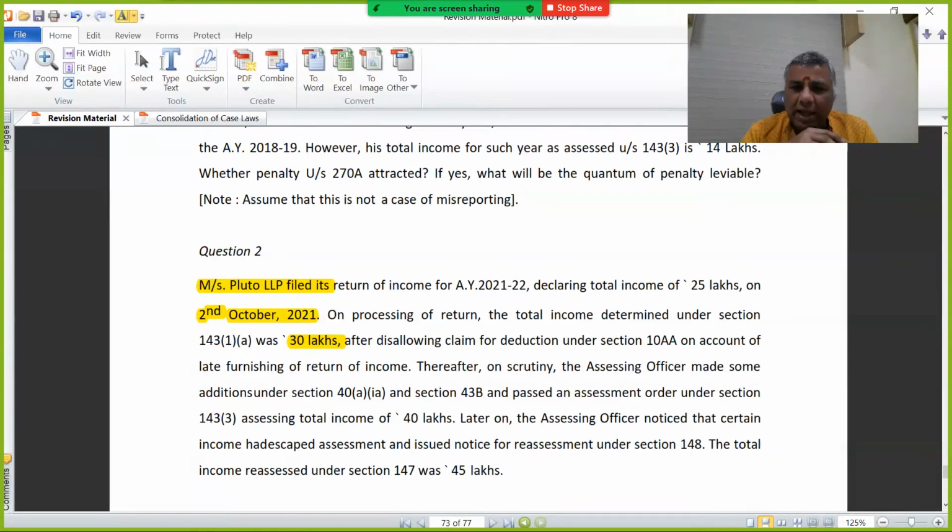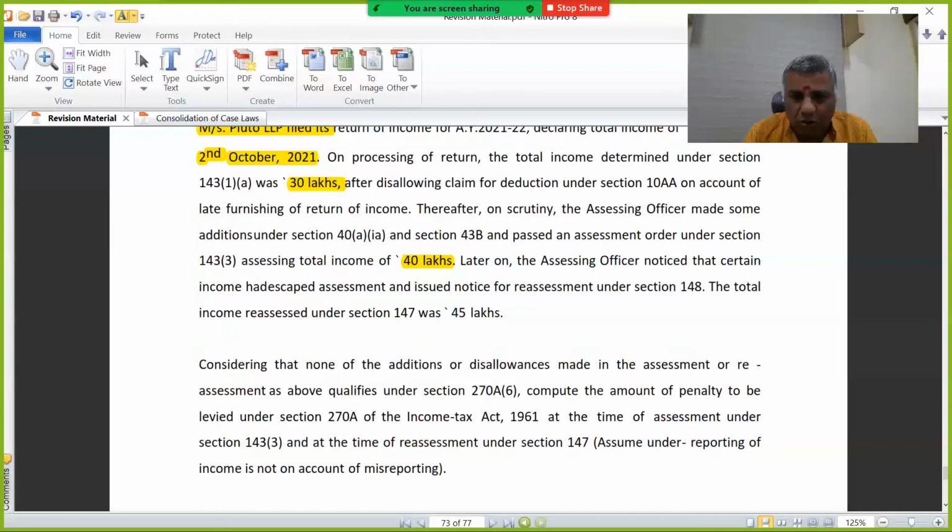Thereafter, on scrutiny, the assessing officer made an addition under 40A and TDS and statutory dues and passed an assessment order under 143(3) for 40 lakhs. Later, the assessing officer noticed that certain income has escaped assessment and issued notice under 148. The total income reassessed is 45 lakhs. Considering that none of the additions or disallowances qualifies as misreporting, compute the amount of penalty under 270A at the time of assessment and at the time of reassessment.